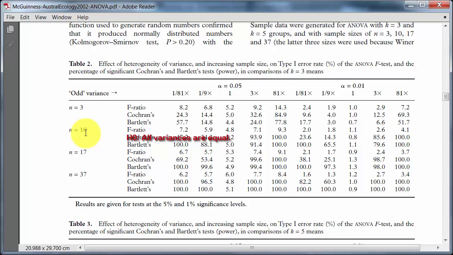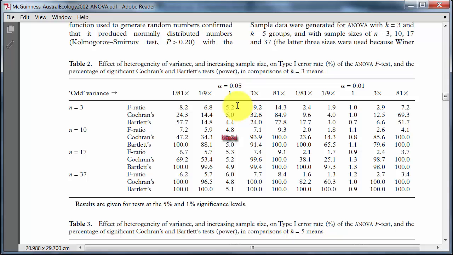Now, what's in the table here? Let's look at column 1, because for that column the variances for all the groups were equal. What I've shown here, tabulated, is the percentage of tests that were significant.